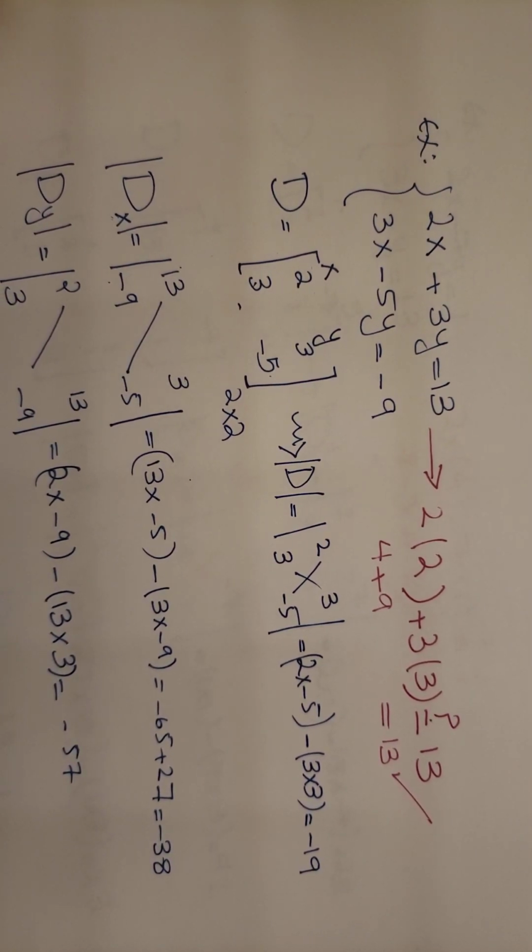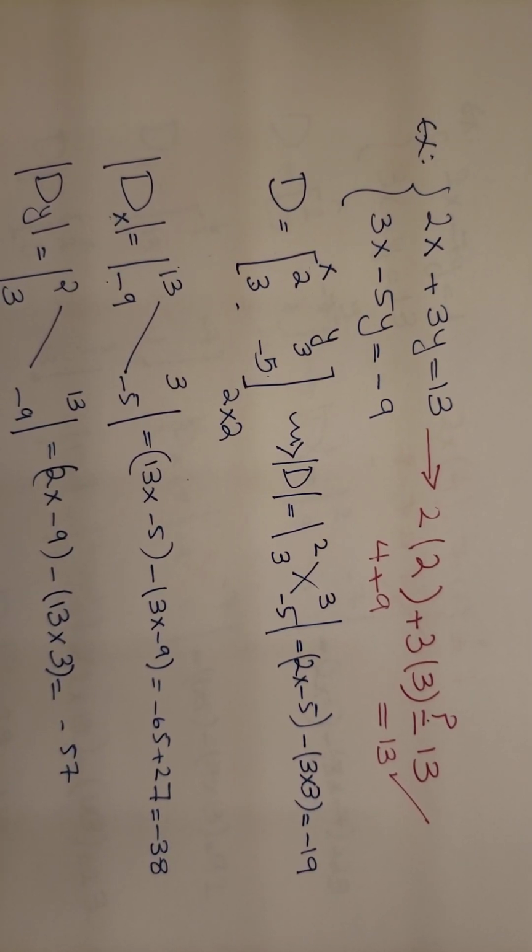The system of linear equations with 3 equations and 3 variables is also very easy, but it has more calculations. So you should be really careful how you calculate a 3 by 3 determinant, and don't forget to check your answers. See you in the next video.